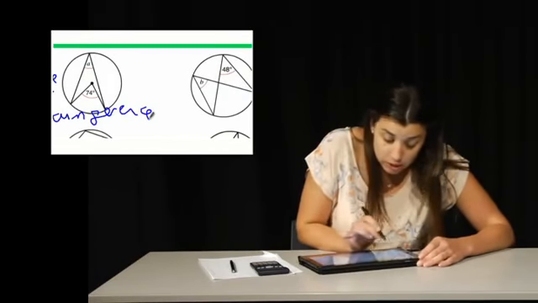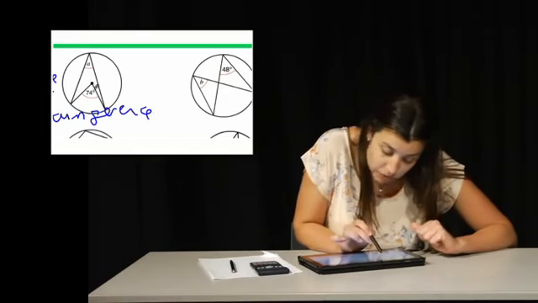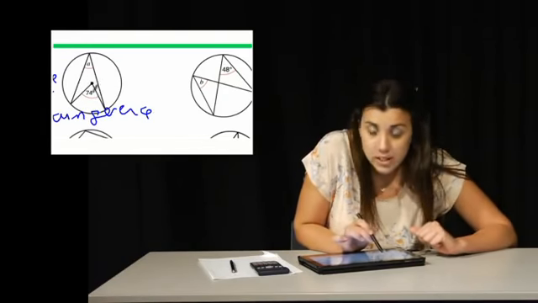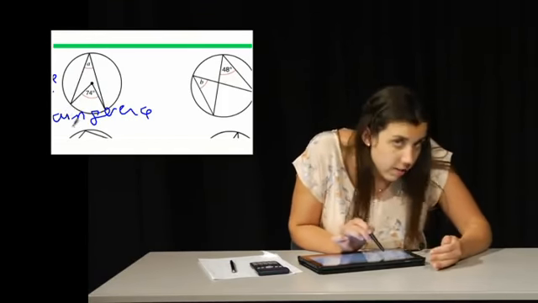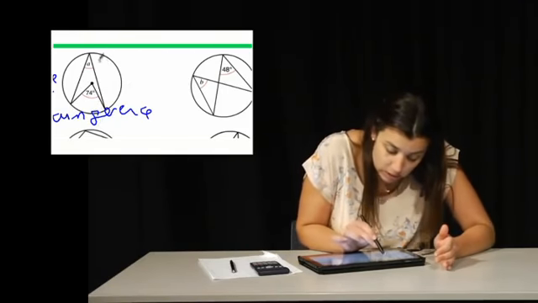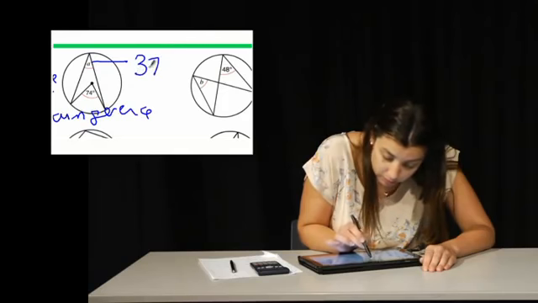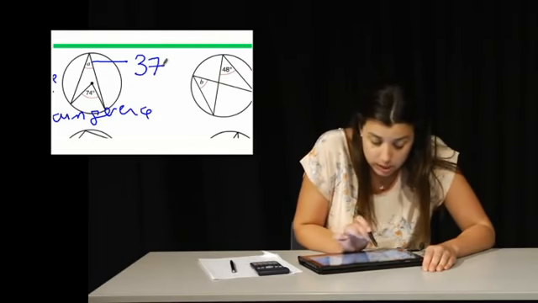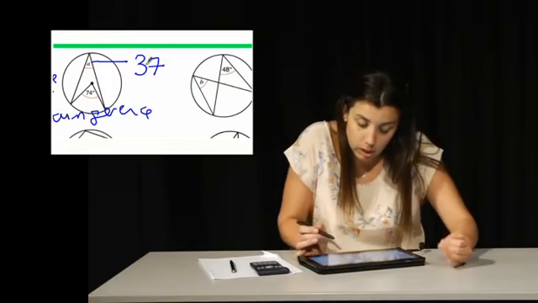That's the reason. So in the centre here, if that's 74, the angle at the circumference is going to be half of that. So half of 70 is 35, half of 4 is 2. So this angle A is going to be 37. 35 plus 2, 37. Double 37, you get back to 74.